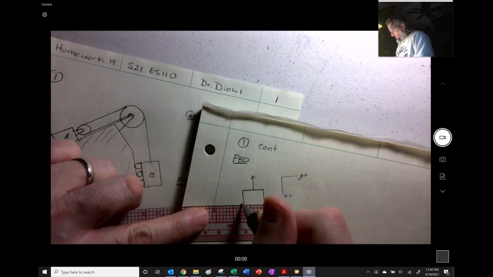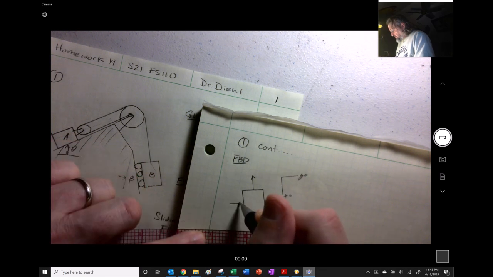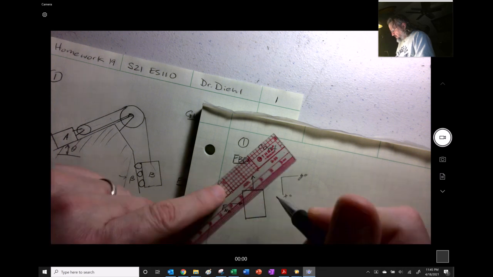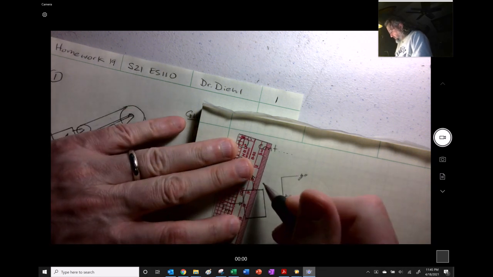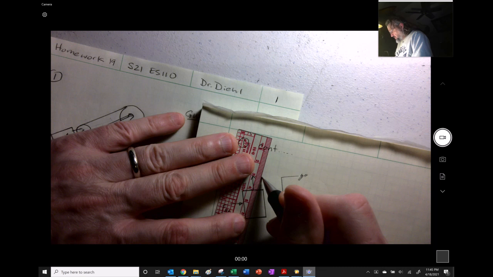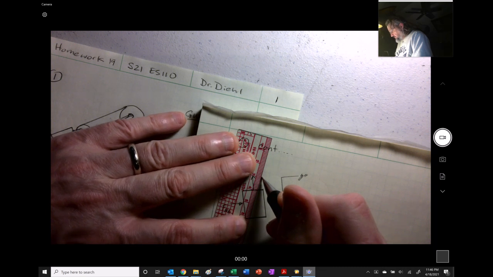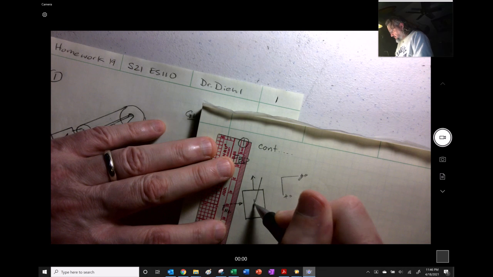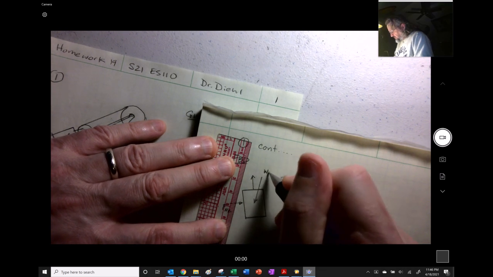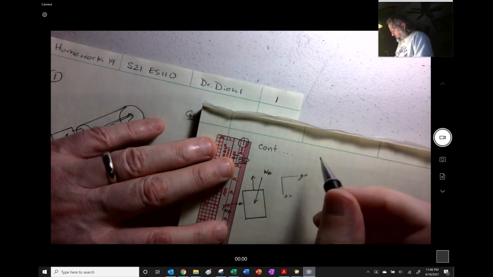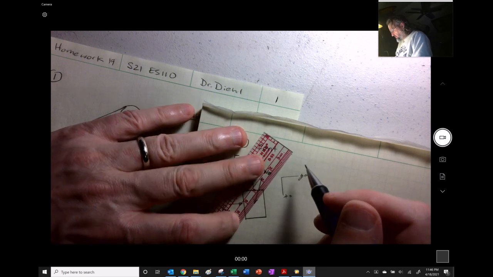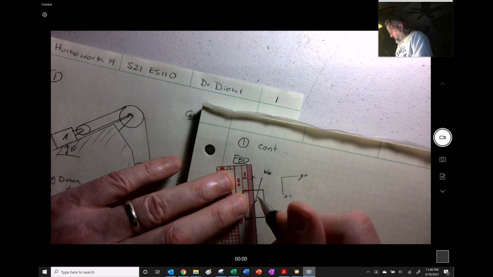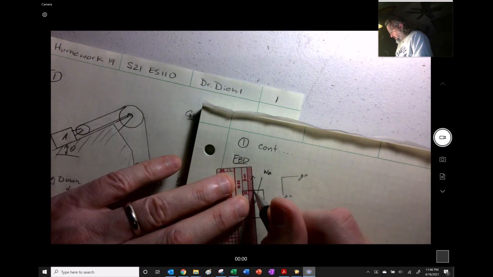And then we can have the normal force right here, FNB. Now here's the important part. We have the weight of B, and I'm trying to figure out a place to put the angle right here.